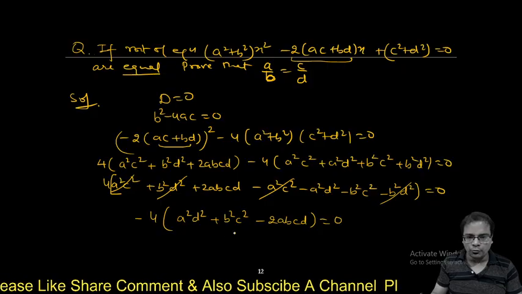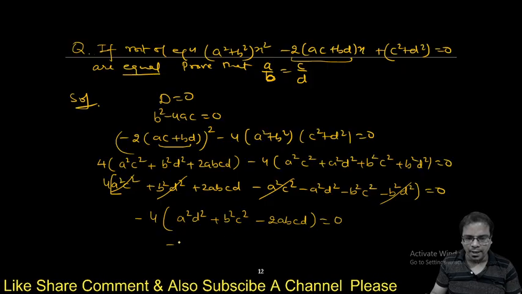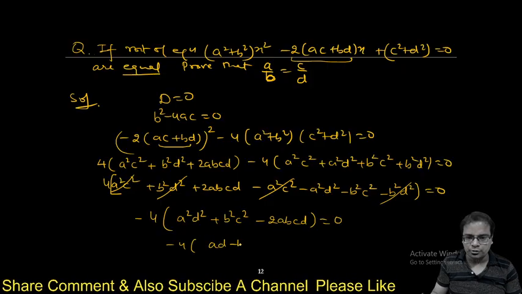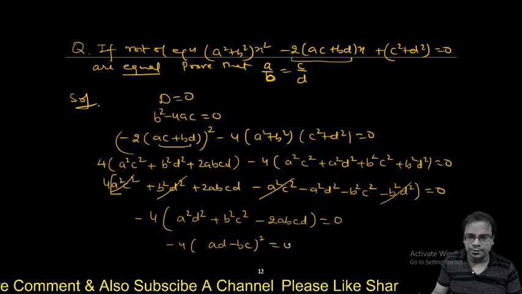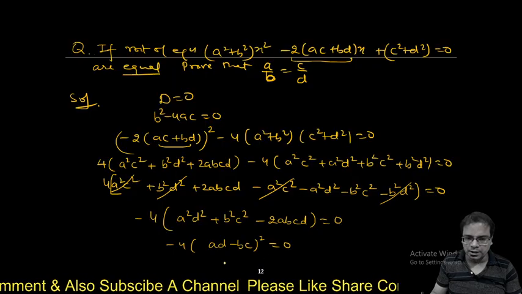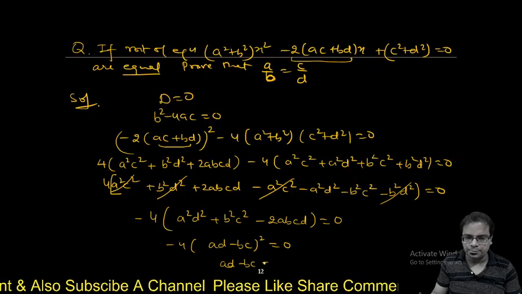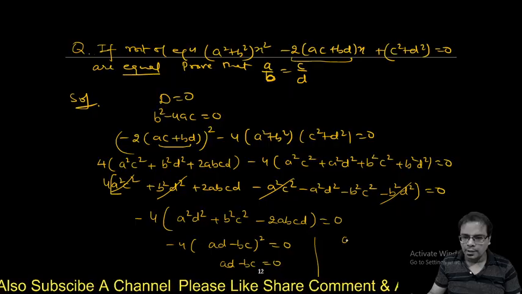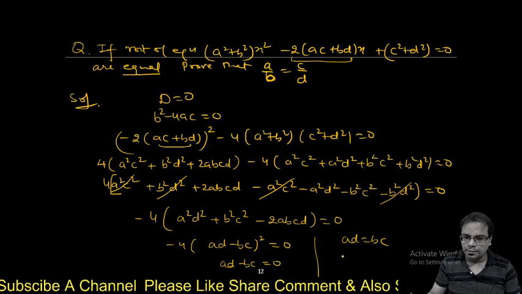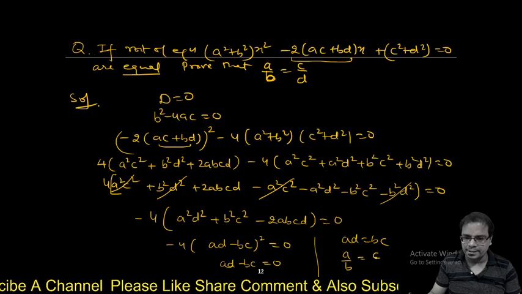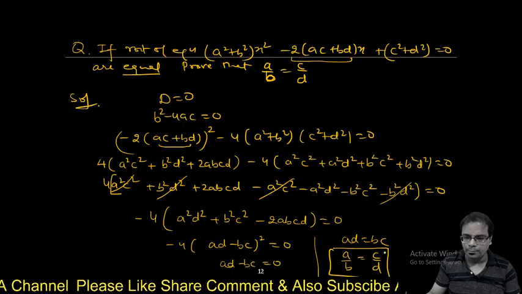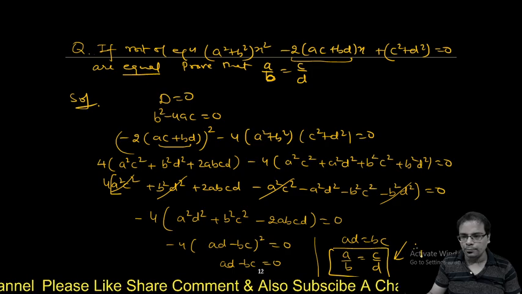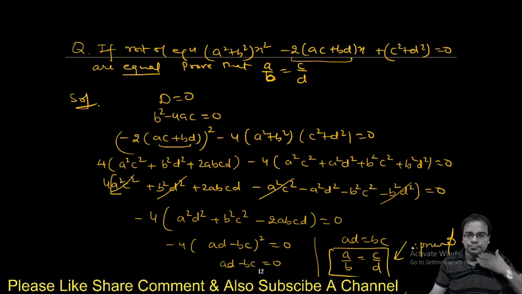So what we write here is minus 4 times (ad minus bc) whole square. Taking the terms to the right-hand side, ad minus bc equal to 0. So ad equal to bc. Put a upon b and c upon d in the given form. What we have to prove? Therefore proved. Clear?